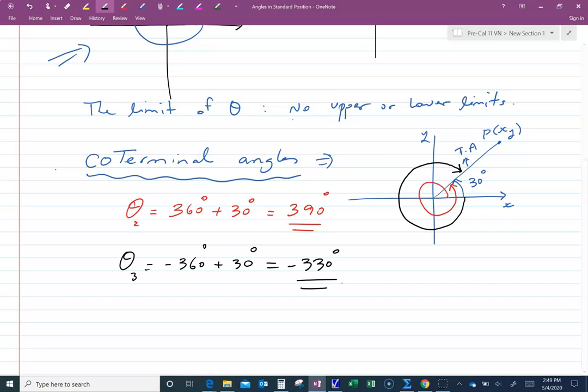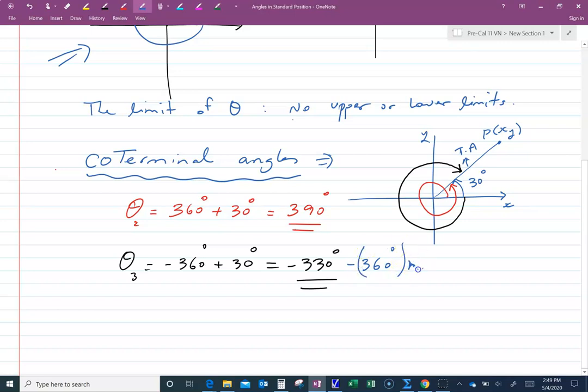Now, is that the only one? No, you keep adding the rotations to that, and you can come up with 4 billion different angles as well. So anything from this point on can work. You can actually add another or do a subtraction of negative 360 degrees, and then keep doing that however many times you want.